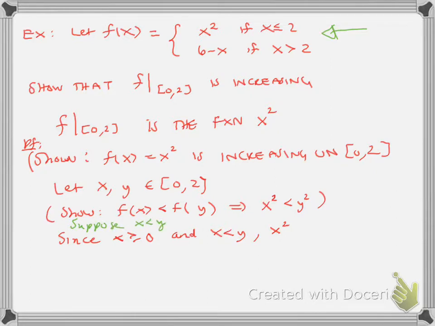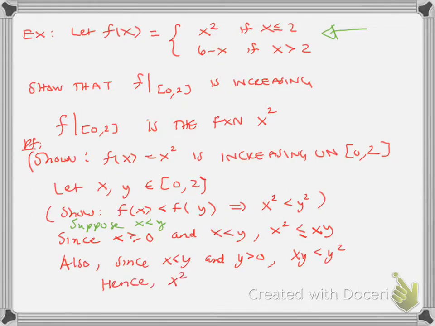Since x is greater than or equal to 0 and x is less than y, x squared is going to be less than or equal to xy. Also, since x is less than y and y is greater than 0, then x times y is less than y squared. Hence, this is a little trick and you have to sort of practice this.